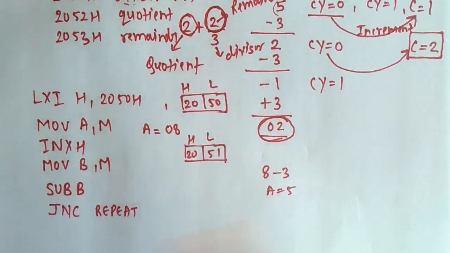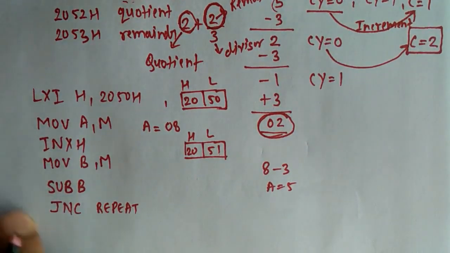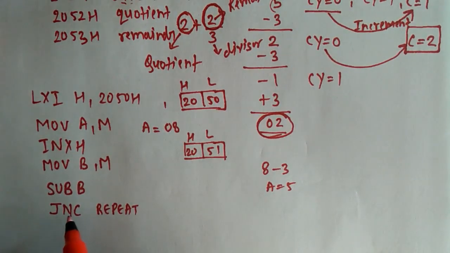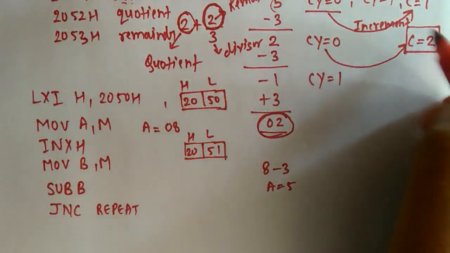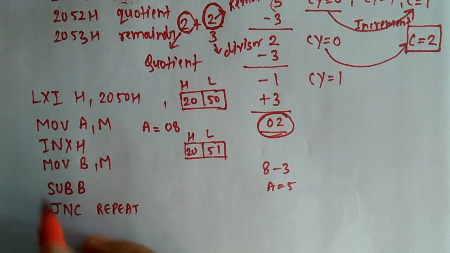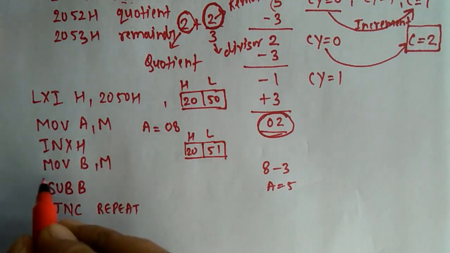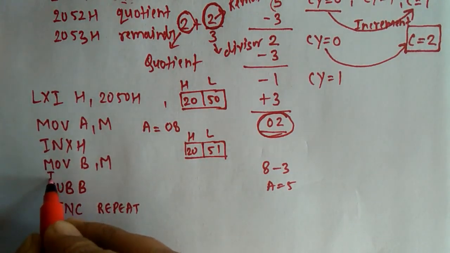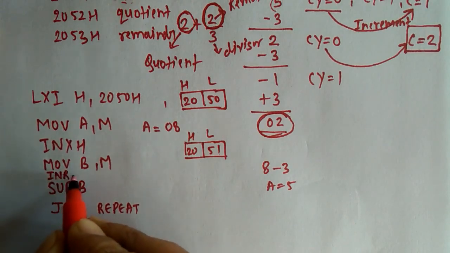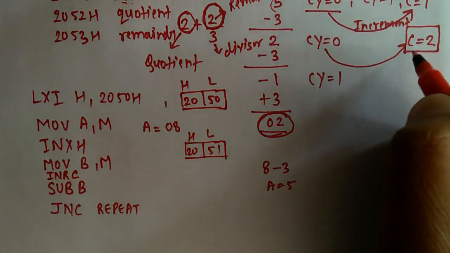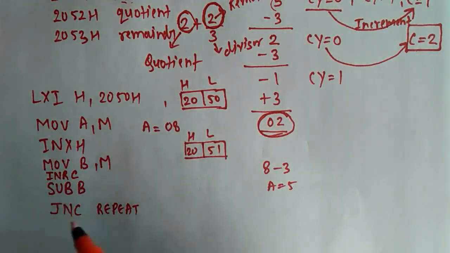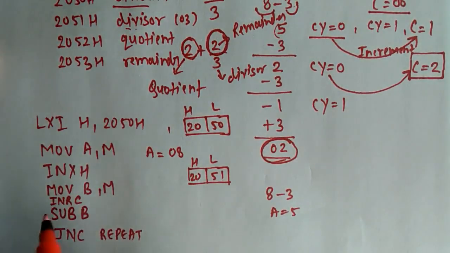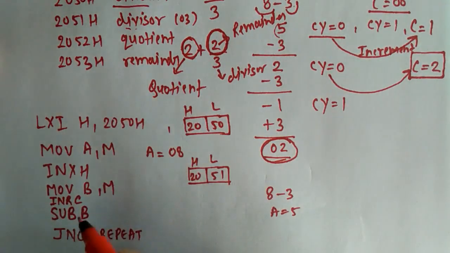And when carry is 0, we go back to some place, so we have to increase this counter value somewhere here in between. So that's why I'm going to write here INR C.